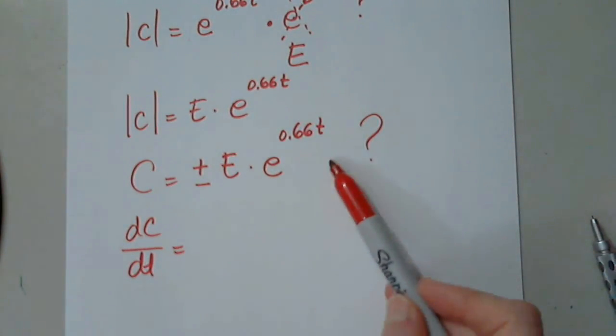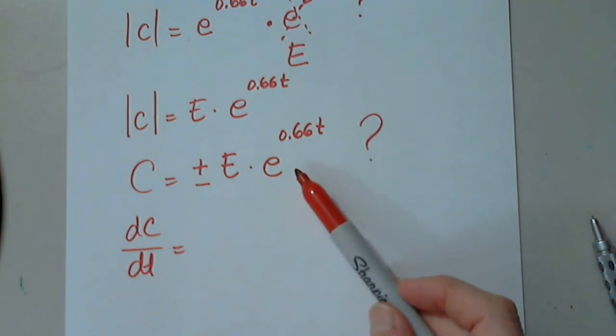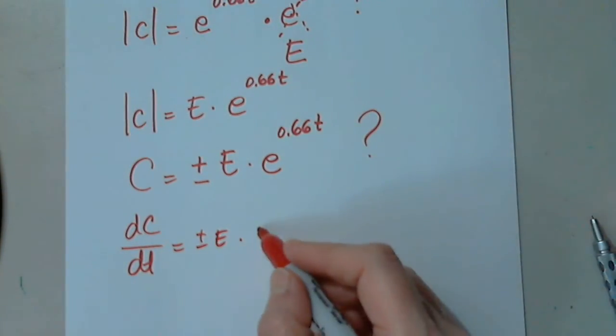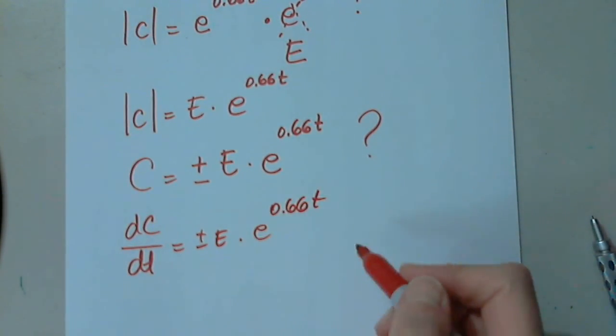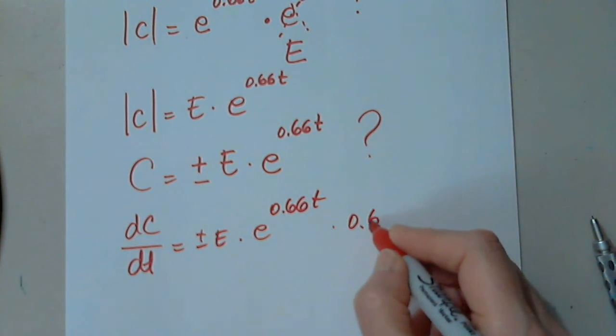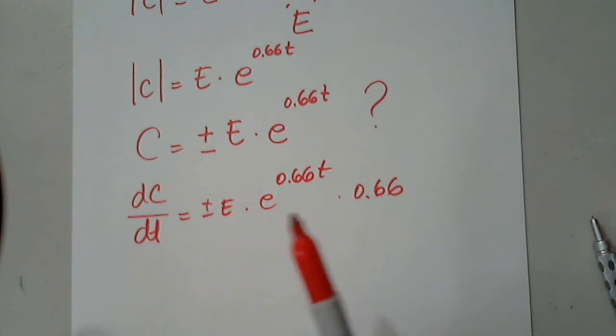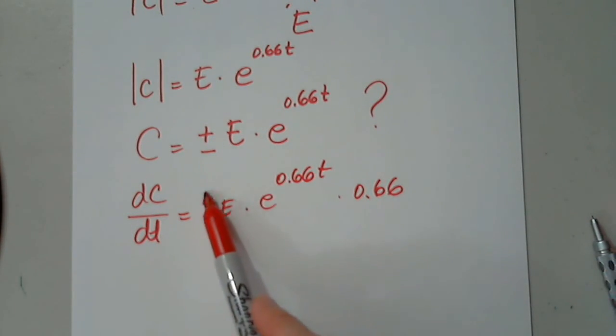So when I differentiate something like this, the constant stays in front, times e to 0.66t times 0.66. And again, this is just a constant times 0.66.